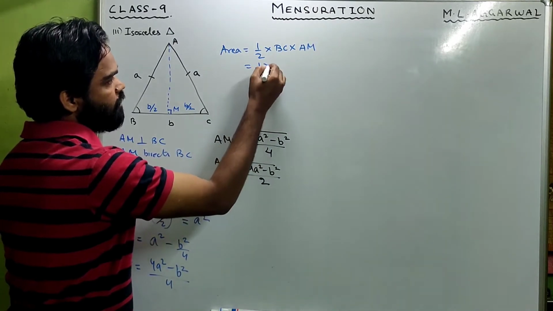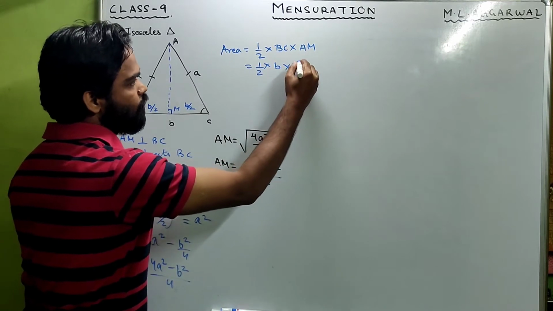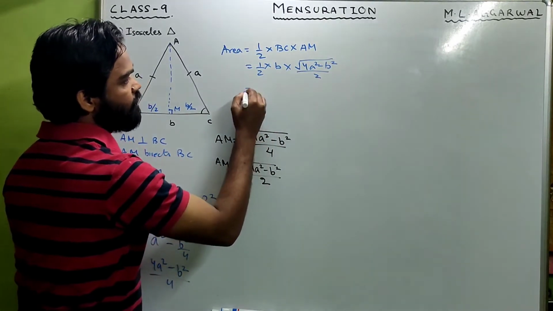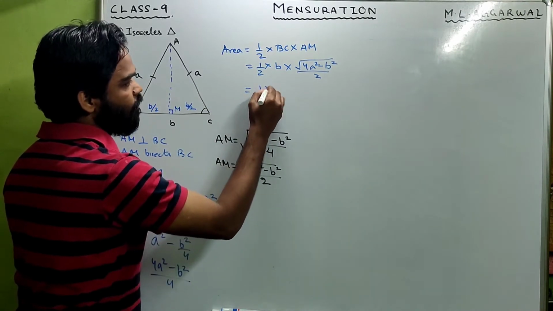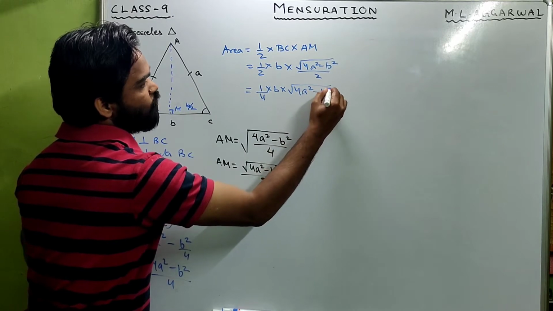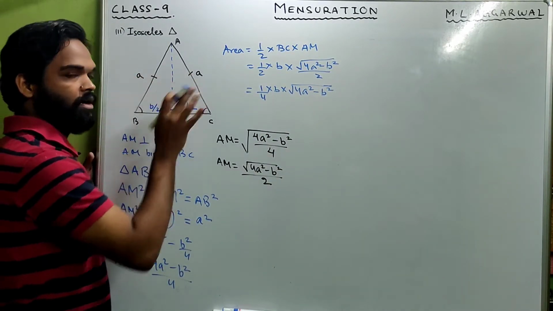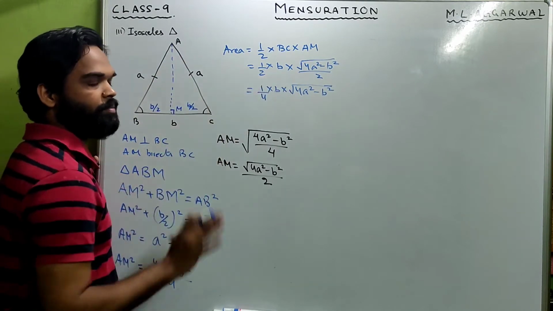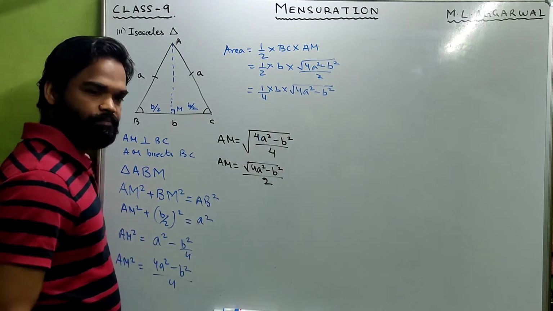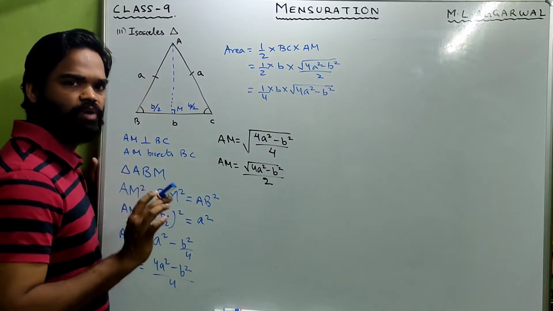BC is b, AM is root over 4a square minus b square by 2, which means the area will be 1 by 4 multiplied by b multiplied by root over 4a square minus b square, where a is the side of the two equal sides, and the unequal side is represented by small b. Now this was the area for the isosceles triangle.